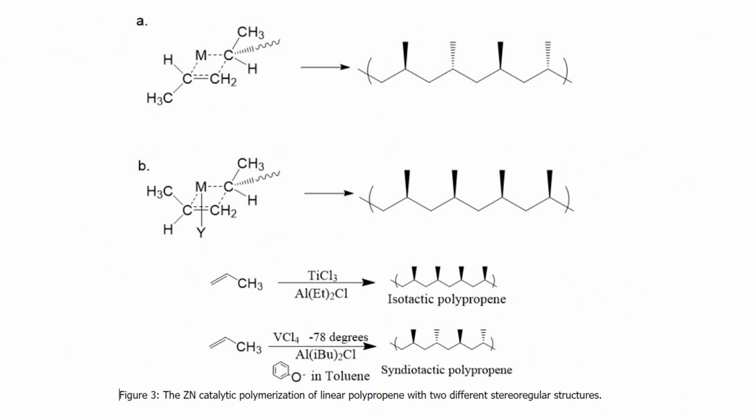Here you are seeing that for your vanadium one, the methyl-methyl interaction is prominent compared to the metal-methyl interaction. Let's say it is interaction A and it is interaction B, so IB is prominent, very much effective compared to your IA.